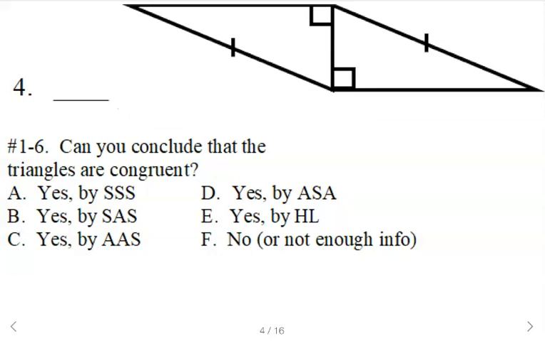On this one, we've got the right angles, and then we've got the hypotenuse is congruent. And we notice, hopefully, that the leg here is used in both. So by the reflexive property, that's congruent to itself. And so we can say by hypotenuse-leg.